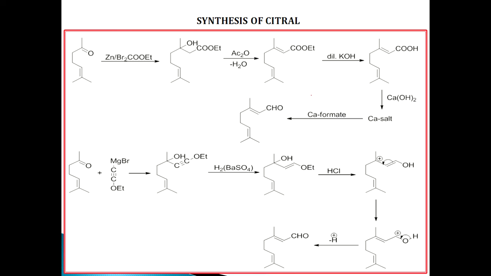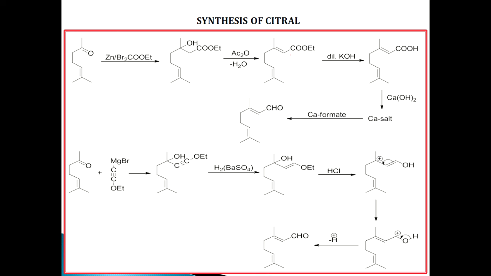So here, this is the methyl heptanone. This methyl heptanone undergoes Reformatsky reaction with alpha haloester to afford beta hydroxy ester. This beta hydroxy ester reacts with acetic anhydride, loss of a water molecule takes place, and it produces alpha beta unsaturated ester.